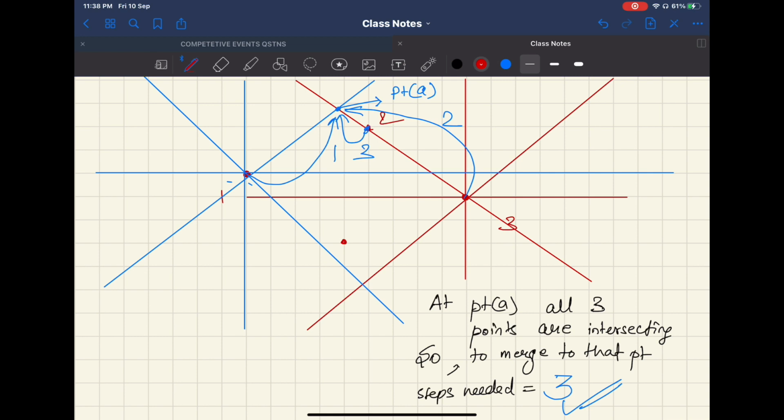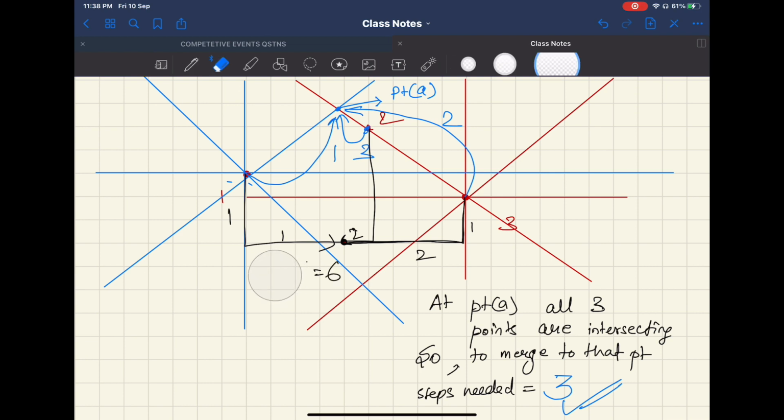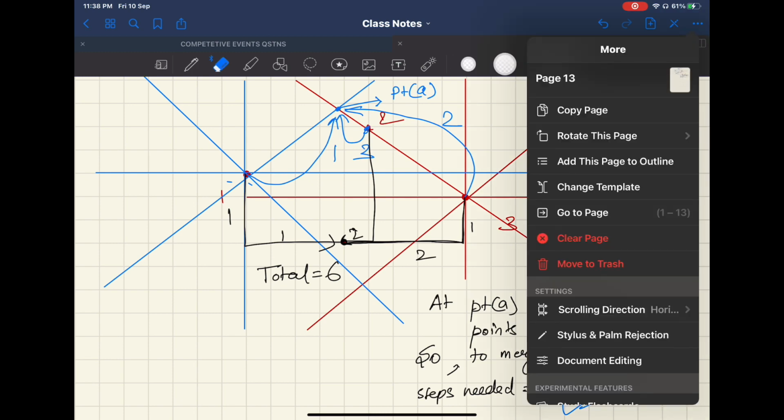Now any point that is not lying on these lines will cost us much more. Say this will take 2 steps to reach 3, 2 steps to reach number 2, and 2 steps to reach point number 1. Okay, so the total is 6. So if a point is not lying on these lines, then the total drastically increases, by 1 for each point.